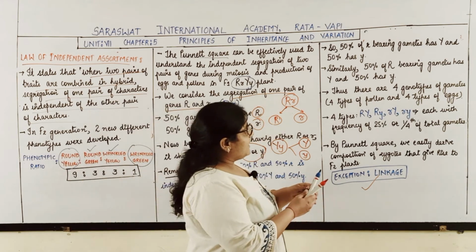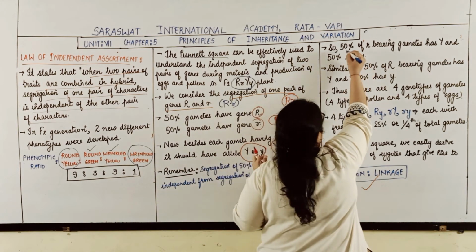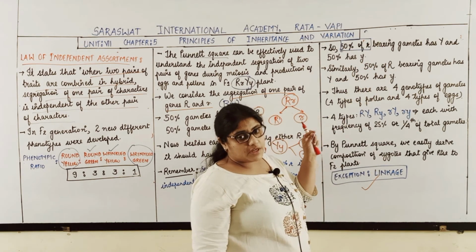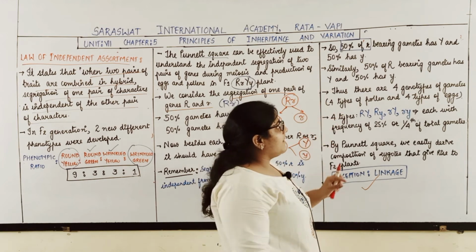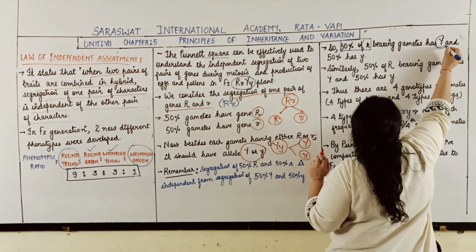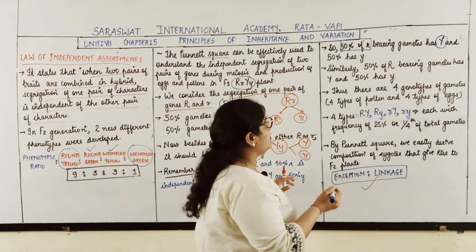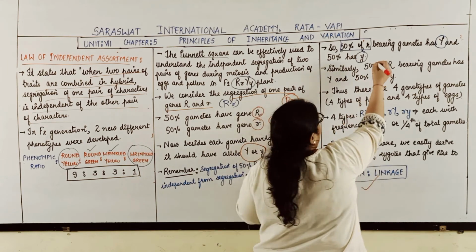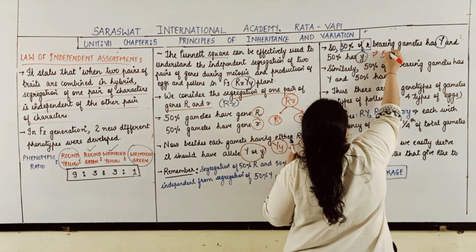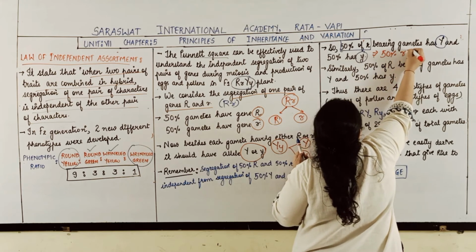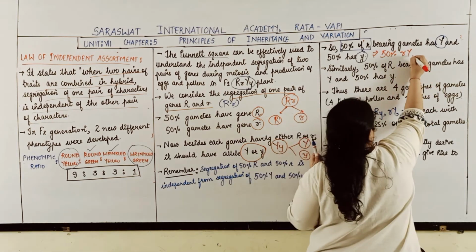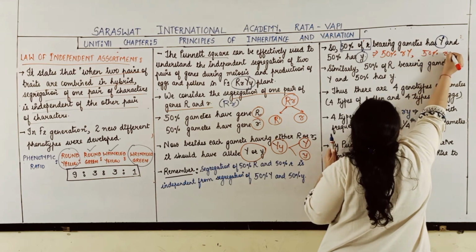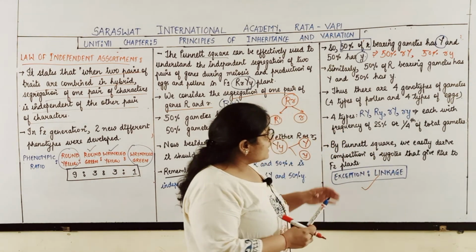So we can say that 50% of the gametes having capital R, and 50% of those having small r, will have the capital Y gene along with it, and 50% will have small y. So here 50% will have the combination capital R and small y, and 50% will have the combination small r and small y.